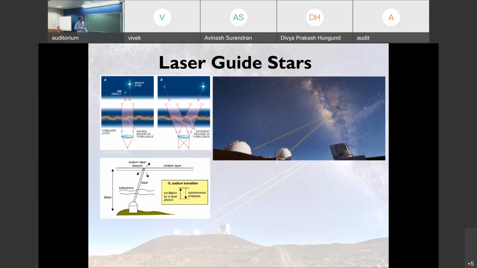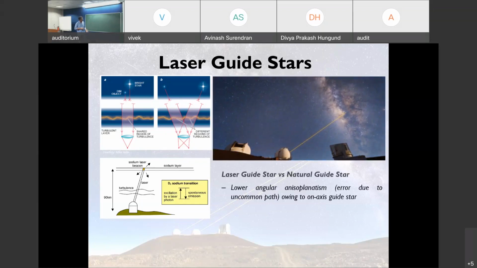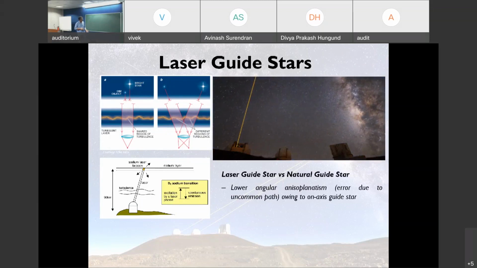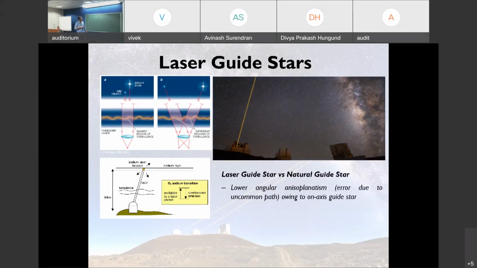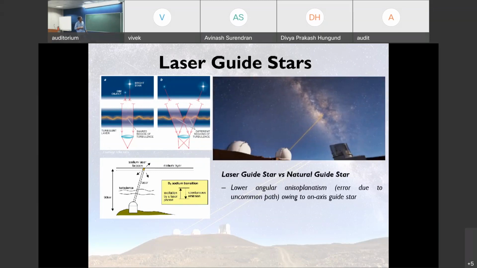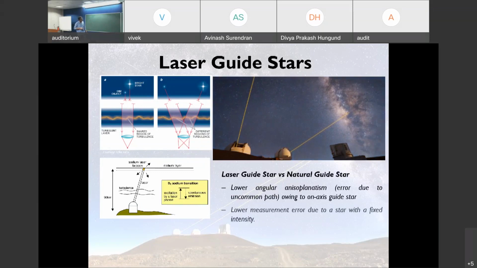So this is the AO system at Keck, and the advantages are lower angular anisoplanatism. This is the jargon, the word that we use for the error due to the uncommon paths that I've shown here, that you're sensing for one turbulence and you're correcting for the other. And then the second error which we reduce is the lower measurement error.